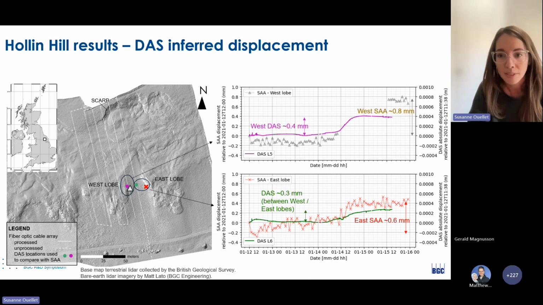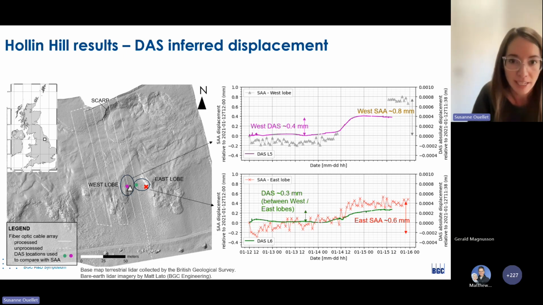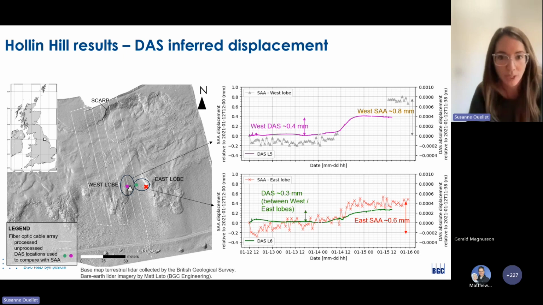I'll also remind us that with our DAS, we are looking at an average strain over a length of cable, in comparison with the SAA, which provides a displacement at a single location. Another thing to mention is the general sensitivity of SAAs as we get to those very small strains.